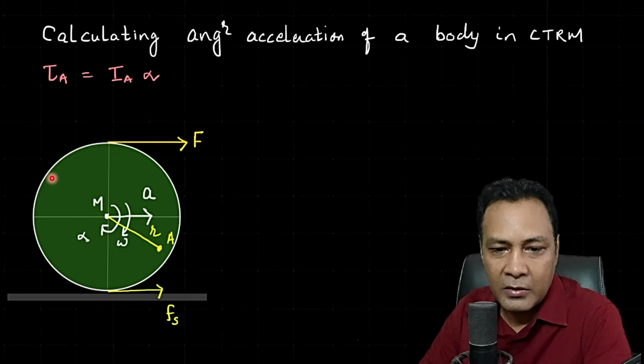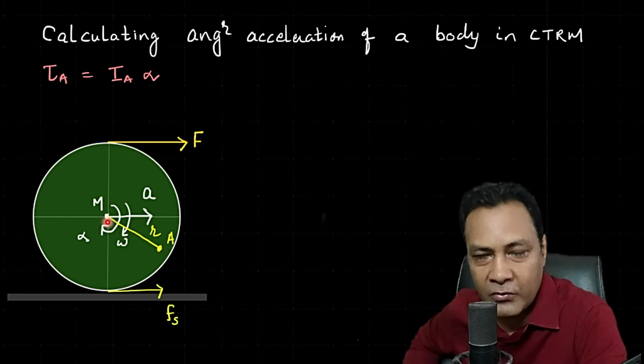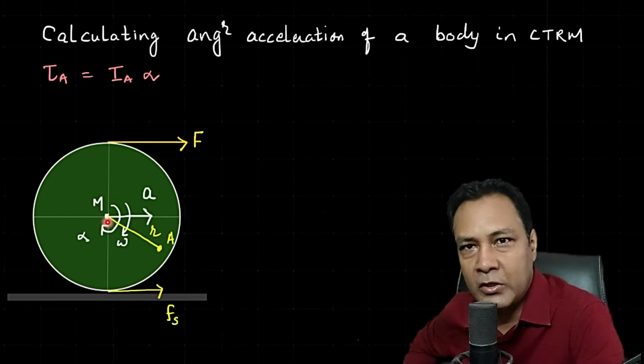So here this is a rolling body. The body has acceleration of center of mass A, angular velocity omega, and angular acceleration alpha. Two forces, F and Fs, which is friction, are acting. Weight and normal have no net effect, neither in terms of acceleration nor in terms of alpha.